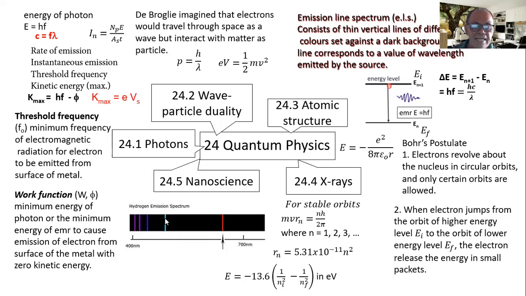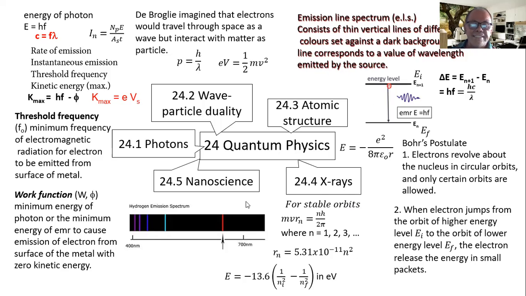So each line shows radiation is given out. We observe that at shorter wavelengths the lines are closer together, and at longer wavelengths they are further apart. That's what is meant by an emission line spectrum.